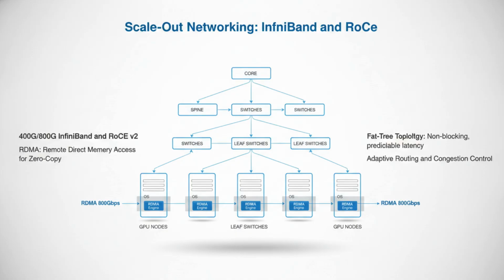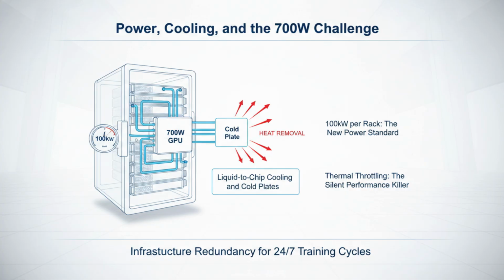We are looking at 400 gigabits per second to 800 gigabits per second per link with sub-microsecond latencies. In a cluster of 32,000 GPUs, the network topology, usually a fat tree or dragonfly, becomes the backplane of your data center computer.